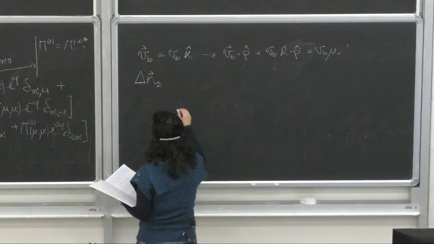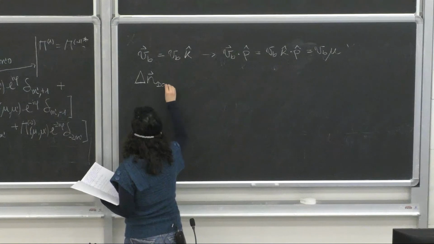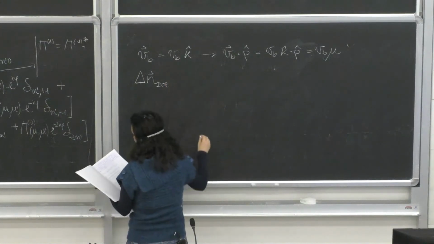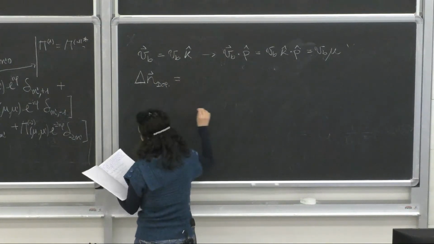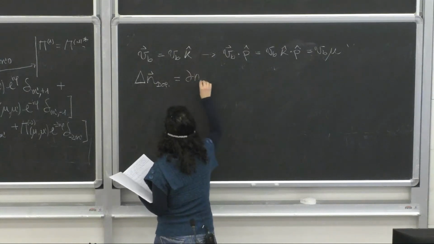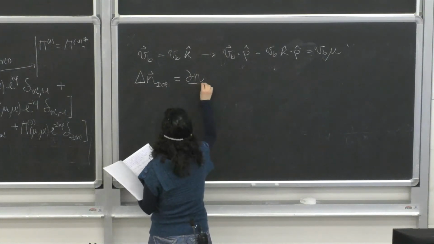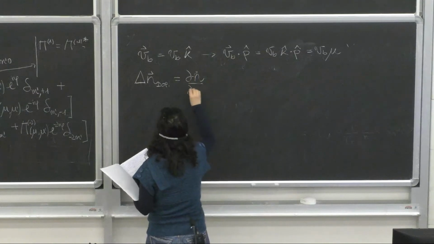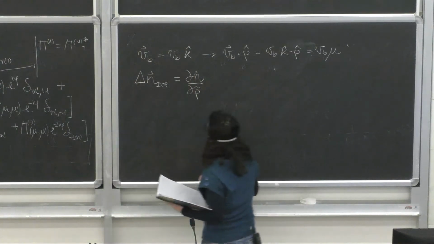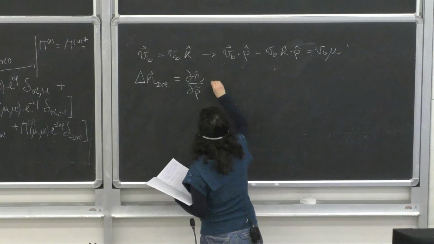So now we can write the Doppler effect, because if we again refer to n as the vector that is defining our radiation, then n Doppler can be written in this way. We can take the derivative of n with respect to the momentum.